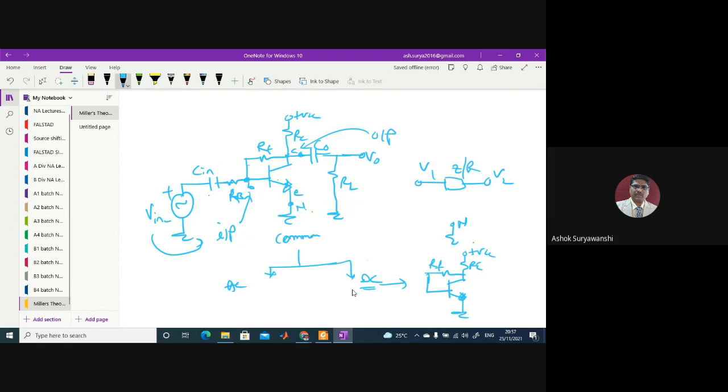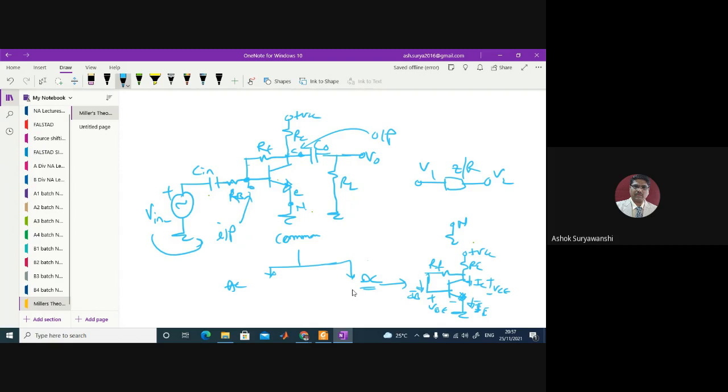In DC analysis, we calculate the collector current IC, then the base current IB, and then the emitter current IE. Then we calculate the base to emitter voltage VBE, and the collector to emitter voltage VCE.